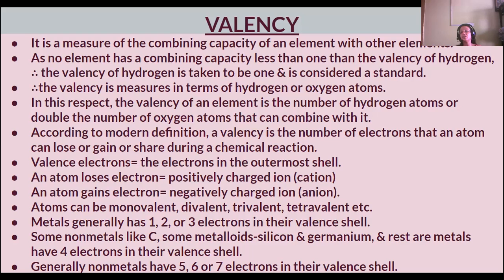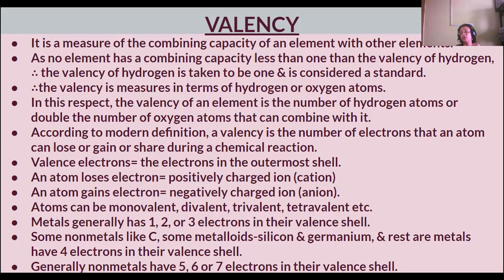Therefore valency is measured in terms of hydrogen or oxygen atoms. In this respect, the valency of an element is the number of hydrogen atoms, or double the number of oxygen atoms, that can combine with it.